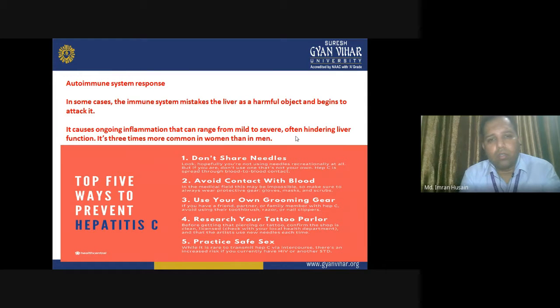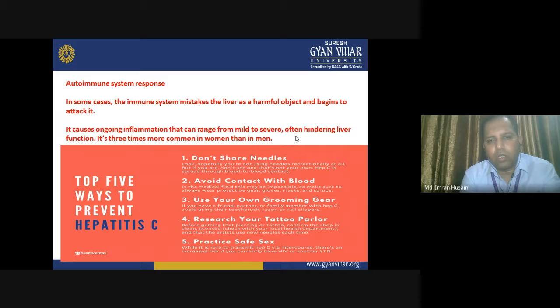It causes ongoing inflammation that can range from mild to severe, often hindering liver function. It's three times more common in women than in men. So, autoimmune disease is really very harmful and dangerous for the people who suffer from it.